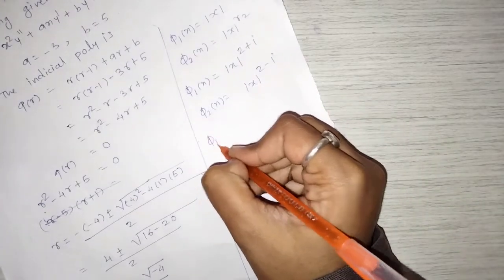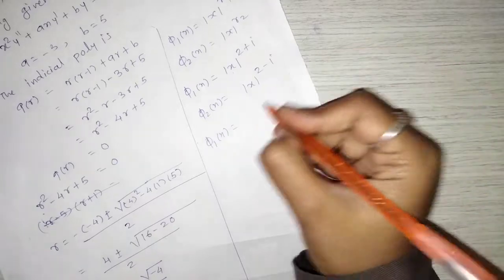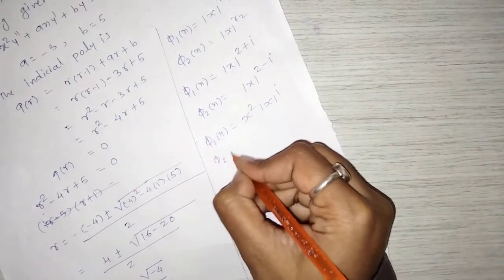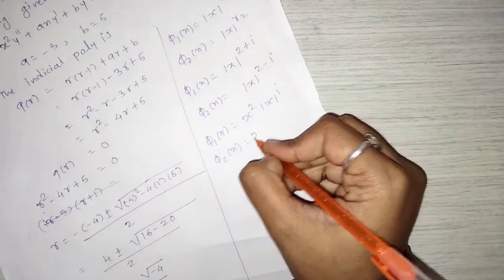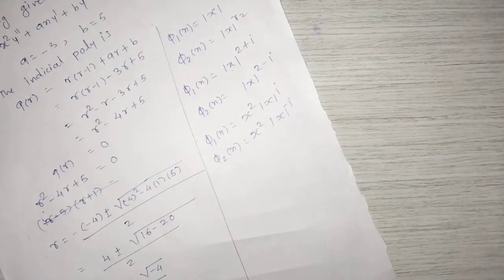So phi 1 of x equal to mod x raised to 2, and mod x greater than 0, so x square mod x raised to i, and phi 2 of x equal to mod x raised to 2, or x square mod x raised to minus i. There is no change of meaning.